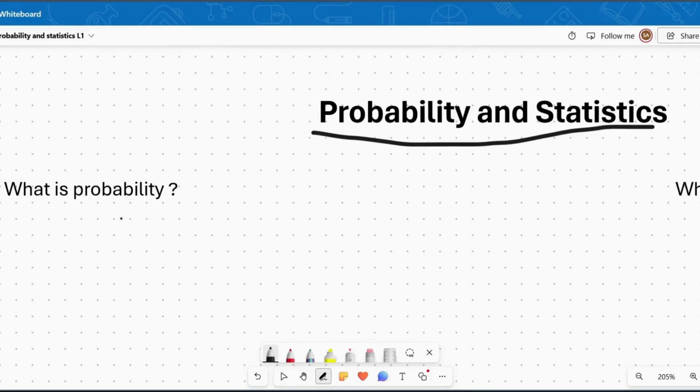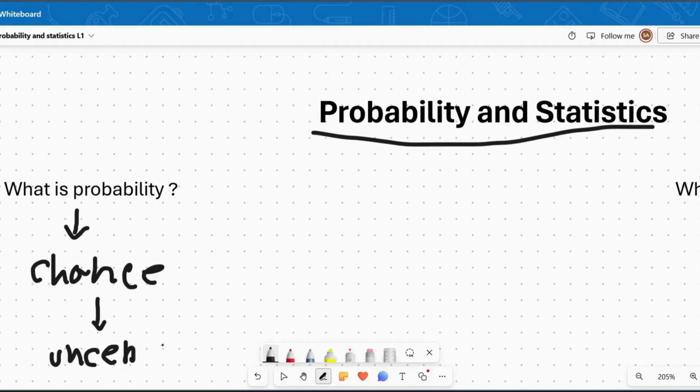First we talk about what is probability. Probability talks about chances, and chances are uncertain. For example, you can imagine a coin.